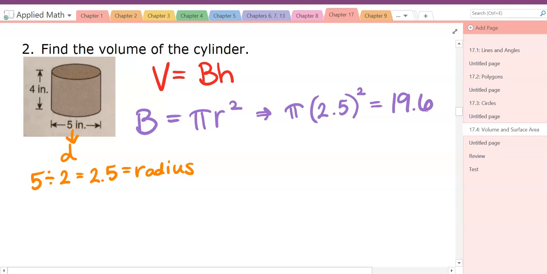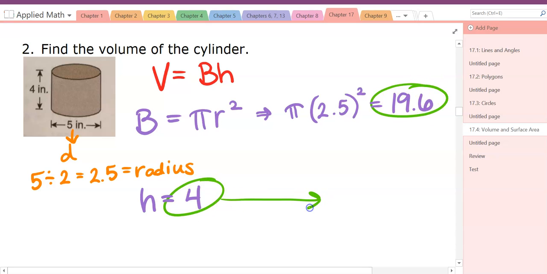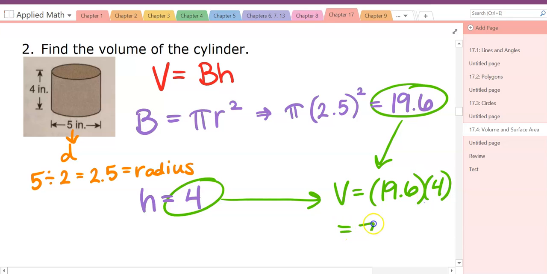Okay? Now, what's the height of the cylinder? 4 inches. Okay, so now we take the 19.6 and the 4 inches and we find the volume. 78.5? Is that what you said? How would I label it? Good, inches cubed.